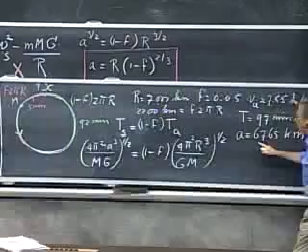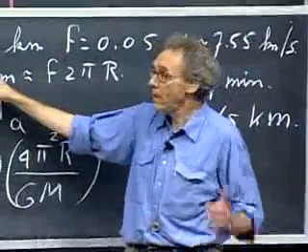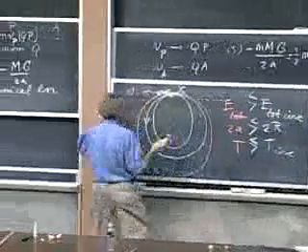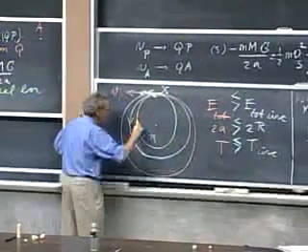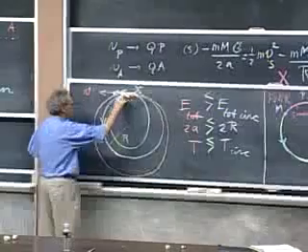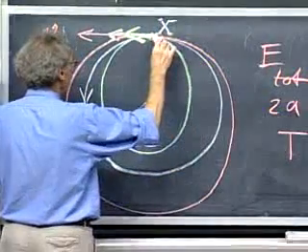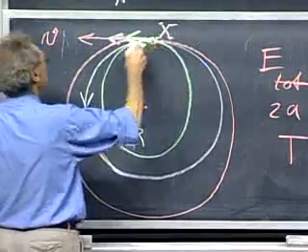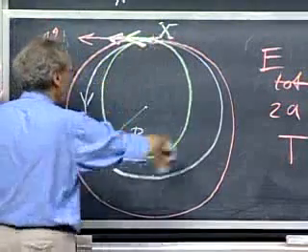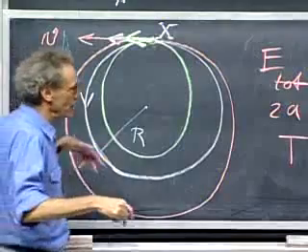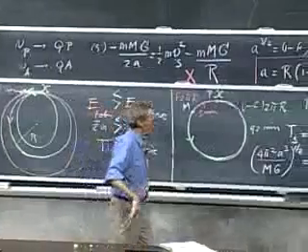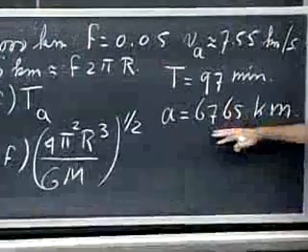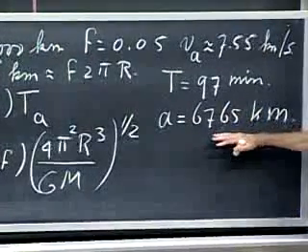Notice that this is smaller than R. It better be, because it's clear that after the sandwich is thrown, we get a green ellipse. We want this time to go around to be less than the time for Peter to go around. And if this time is less than the time that it takes Peter to go around, he has to throw the sandwich backwards, and therefore you expect that the semi-major axis will be smaller than R, and it is.